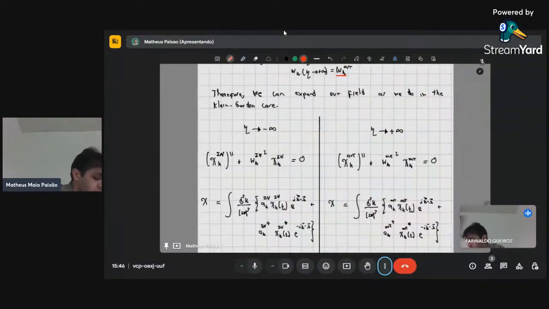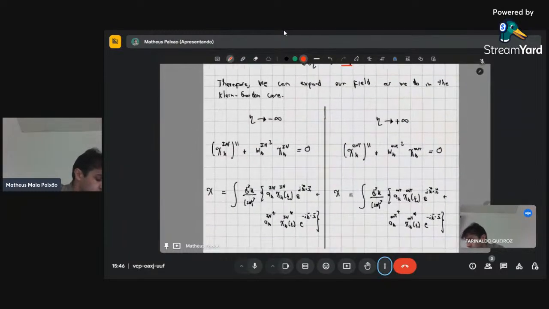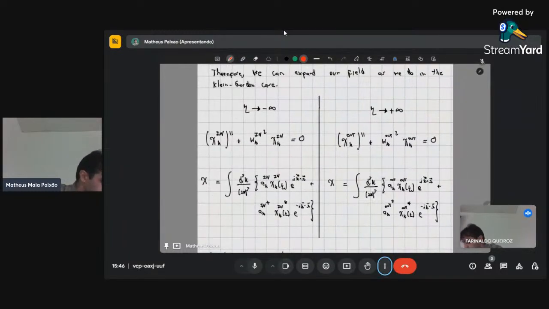So we can expand our field for two different moments of time. Initially, we are going to have just the quantum harmonic oscillator equation with this frequency, omega in, and at late times we are going to have the same equation but with another frequency, omega out.